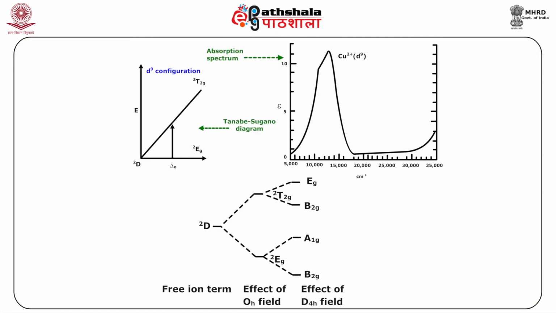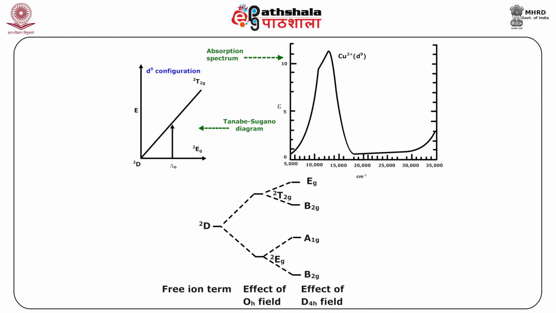A similar effect of the Jahn-Teller distortion can be seen in the case of the complexes with d9 electronic configuration, which shows the effect caused by distortion on the d orbitals due to change of the symmetry from octahedral to D4h. The decrease in symmetry is the result of the splitting of d orbitals due to their irregular occupancy. The doublet D term for the d9 configuration is split up into two states.